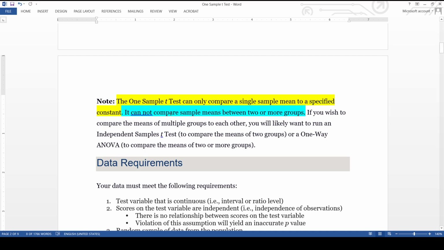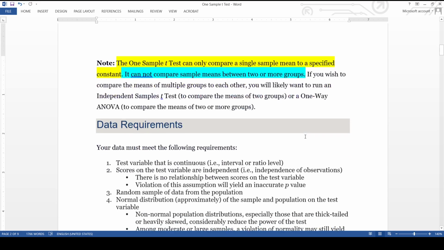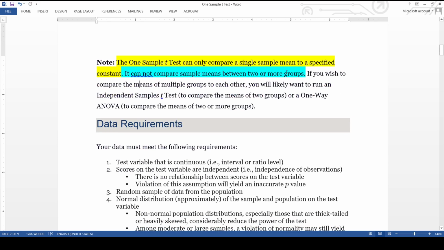It cannot compare means between two or more groups. That's why I put this in a different color. If you want to do that, you go to independent, or more so, you go into what? An analysis of variance, where we have versions and conditions of so many of them, which we will see as the class advances further.